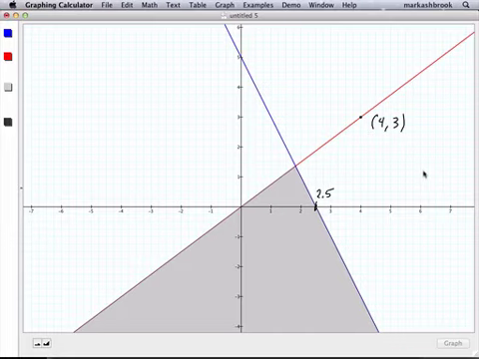Did you lose the control? Yeah, I did. I mean, I kind of get it, but it's just there to represent the function.